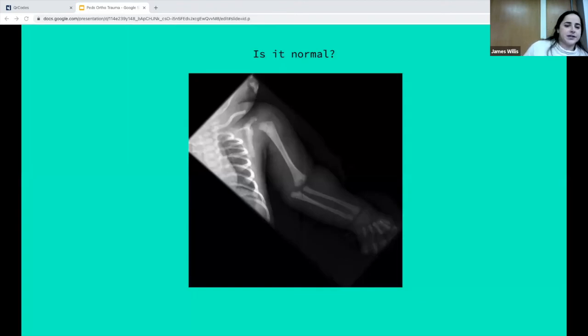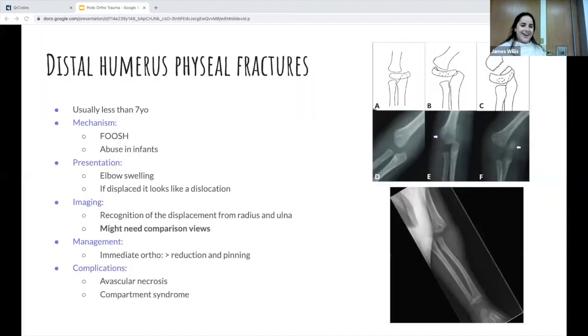So is this X-ray normal or not? It is abnormal, but I saw it initially and I was like, I don't know. But then you can see this. So these are distal humerus physeal fractures. And what you're seeing on the X-ray is displacement of the radius and ulna.